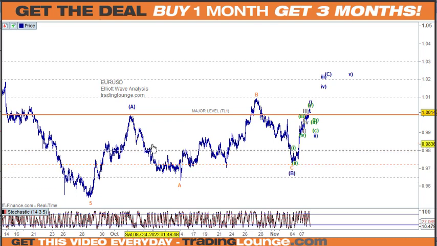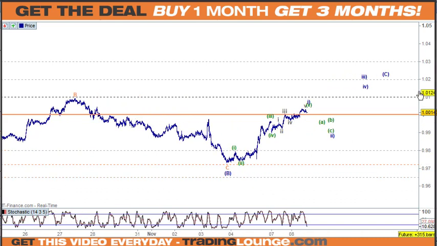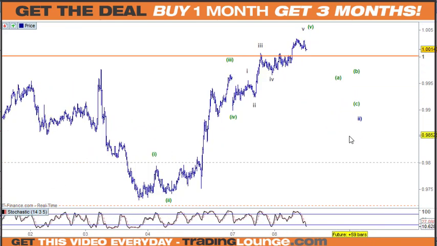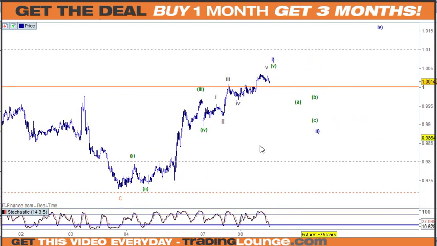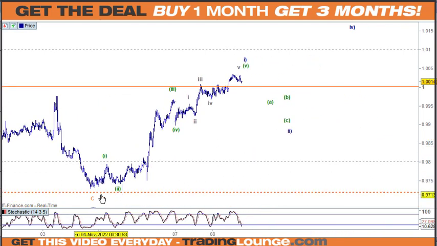I still like to look at it as a corrective rally here, because I can get 5 waves out of this here, but like I said, there's overlap with this, so just want to be a little bit careful. But the thing here is that, because of the US dollar giving us 5 waves to the downside, we're seeing that here. I haven't pulled this apart totally, but 1 and 2 here, and then all the way up for the 3rd wave here and the 4th wave here, then 1 2 3 4 here, then 1 2 3 4 5.